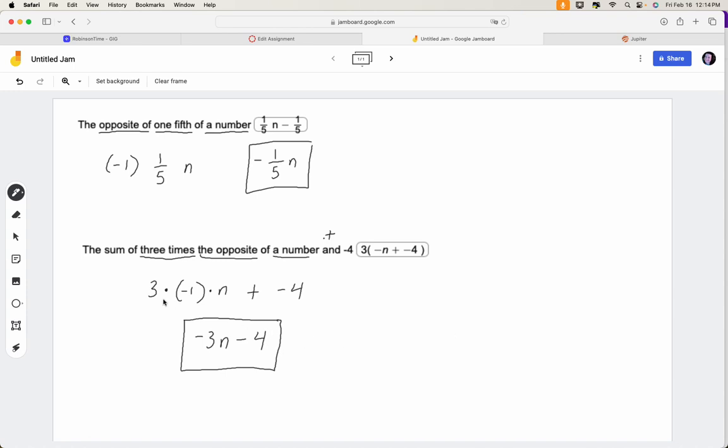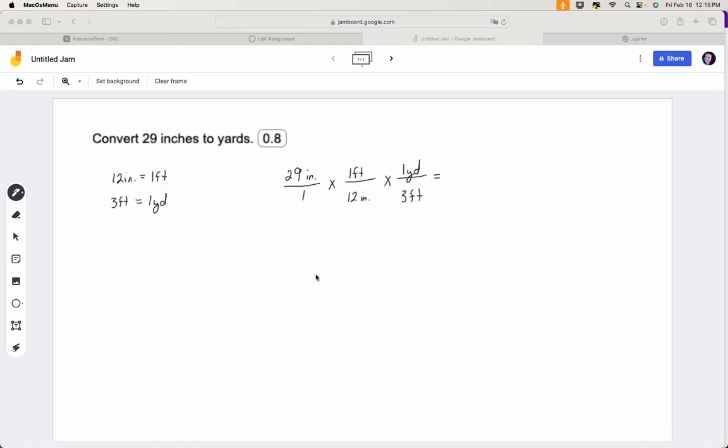Sometimes it helps to write out each one and then put it into perspective. You were really close here. It's just where it has the sum of in front of 3 times. That means the 3 times comes inside of that parenthesis with that first term. Okay, let's look at the next one.